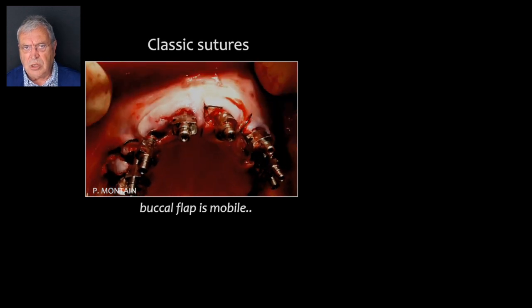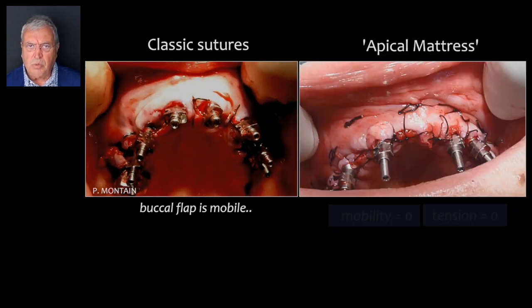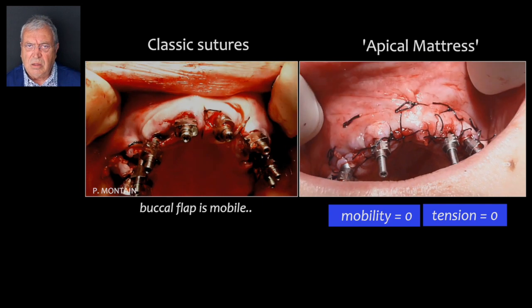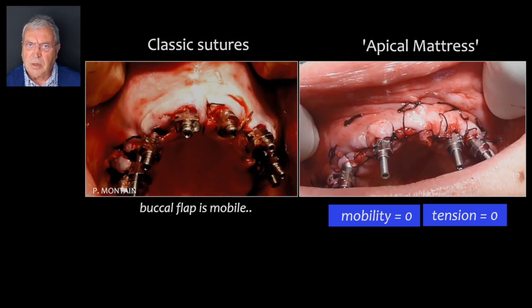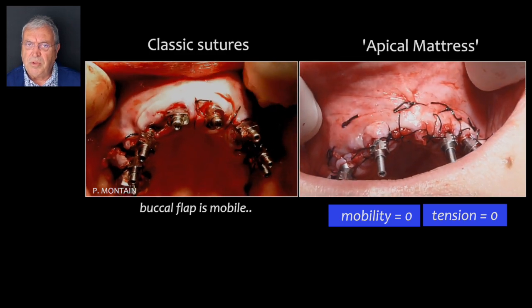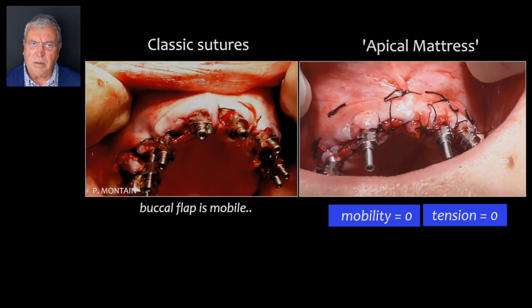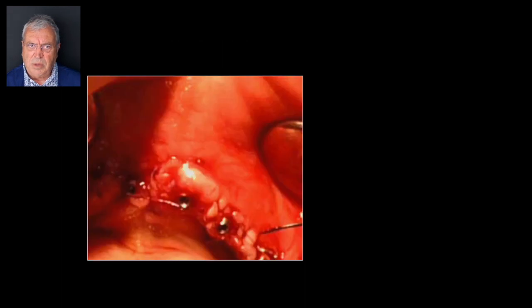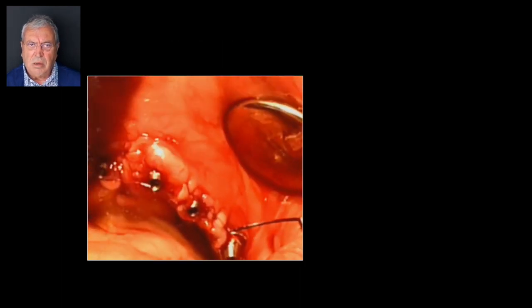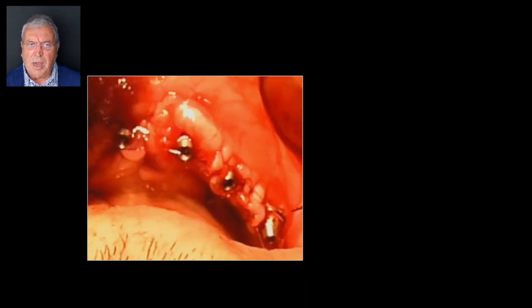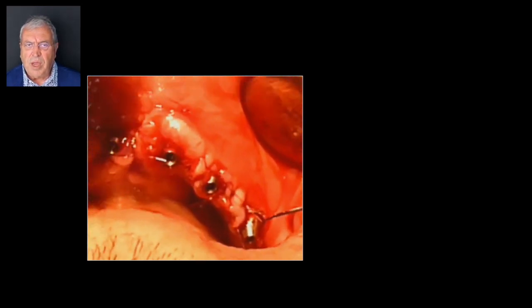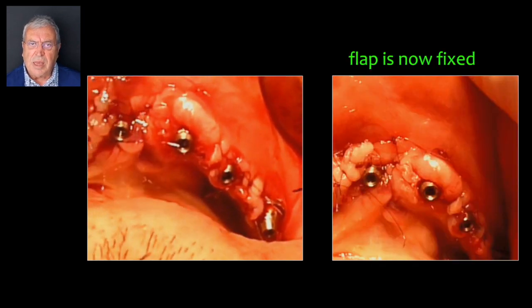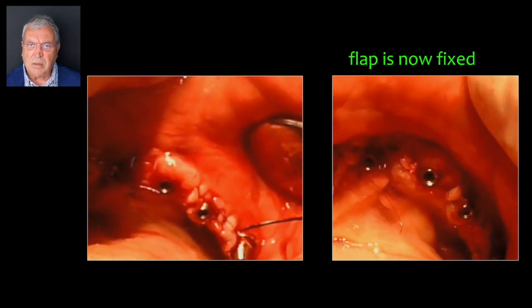If we change to apical sutures, we will see that the flap is totally fixed. We remove the tension and the mobility. We see that the flap is mobile around the abutment. If we add an apical mattress, then the flap is fixed.